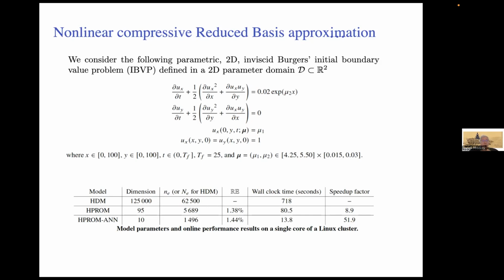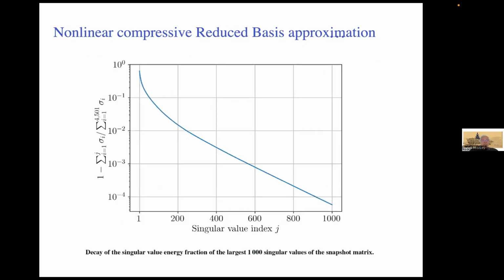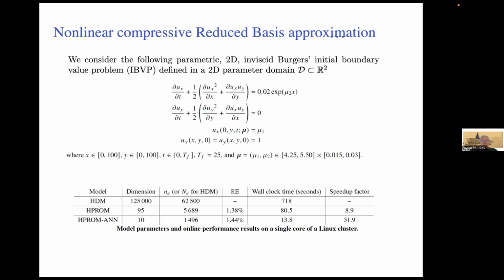If we use a classical reduced order model, the dimension has to be large enough. Remember the decay of the coefficients here. So in order to have an accuracy of 10 minus 1, 10 minus 2, we need about 100 Kolmogorov dimensions. So here we use 95 degrees of freedom in order to represent well the solution.